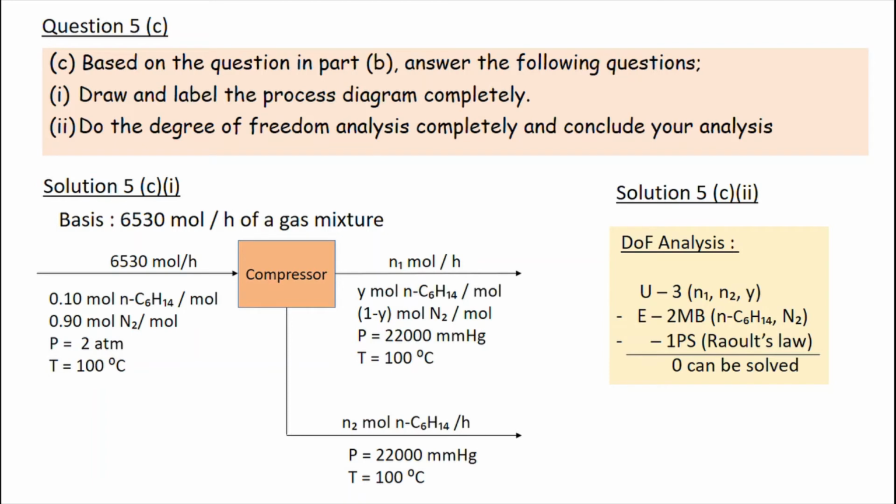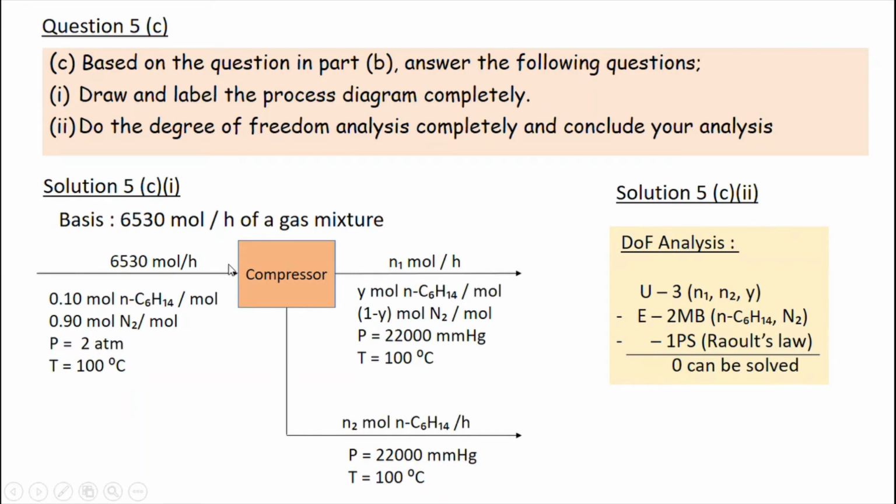Question 5C. Based on the question in part B, answer the following. Draw and label the process diagram completely. Do the degree of freedom analysis completely and conclude your analysis. So, the question gives us 6,530 mol per hour of gas mixture fed into the compressor. We take 6,530 mol per hour of gas mixture as the basis.